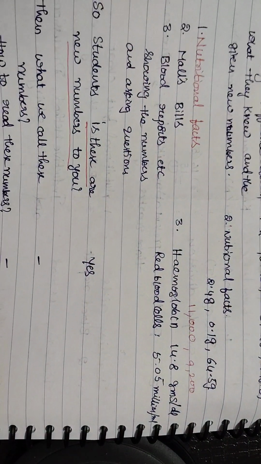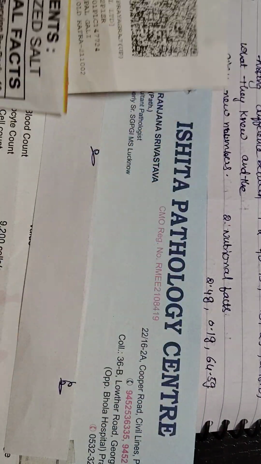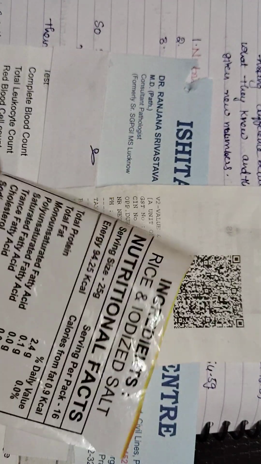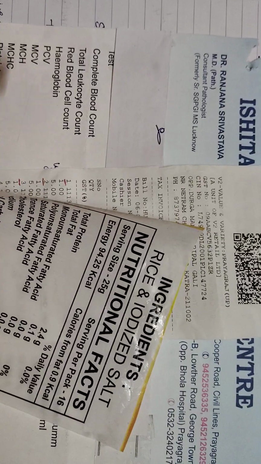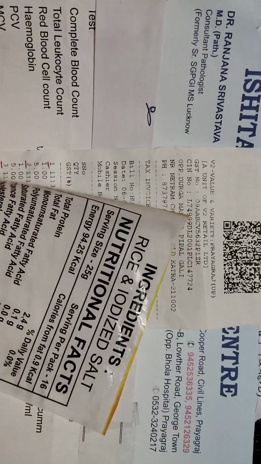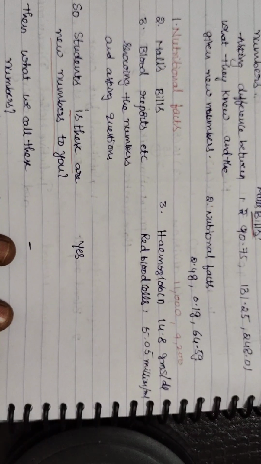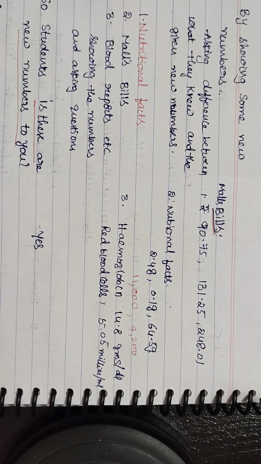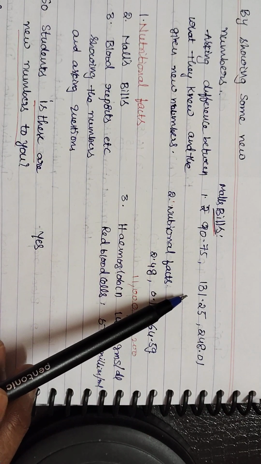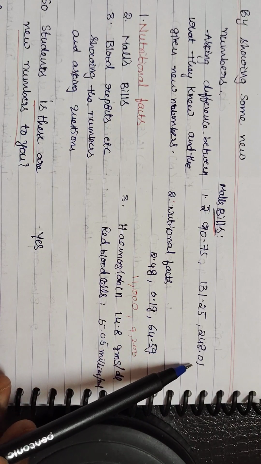Now, showing the teaching aids, make the students into groups and give each group these teaching aids to find the numbers in them. If they find the numbers, they can say them. In the mall bill, the numbers are 90.75, 131 rupees 25 paise and 248.1.